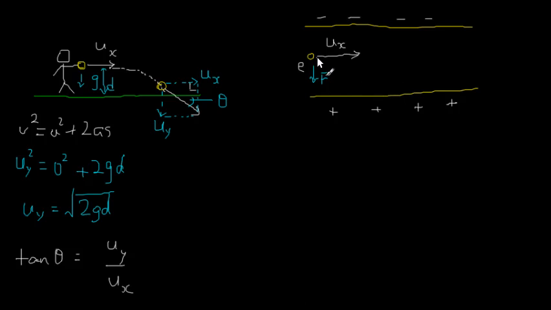So the electron path will bend under the field, it will curve until it reaches the other end of the two plates, and then it will travel straight out with a certain direction.